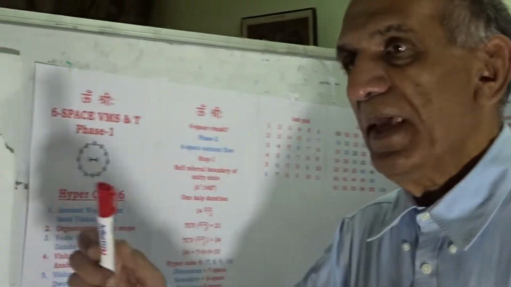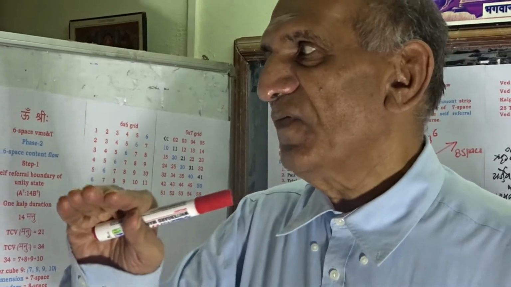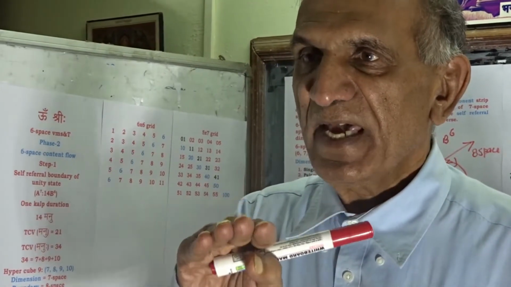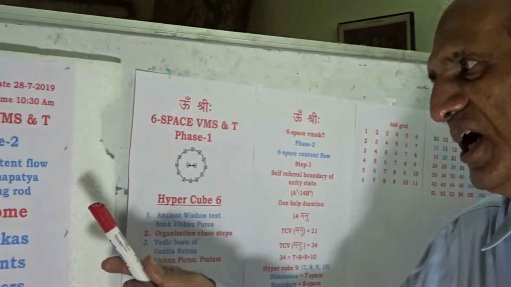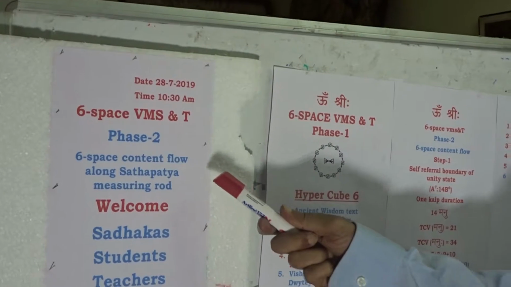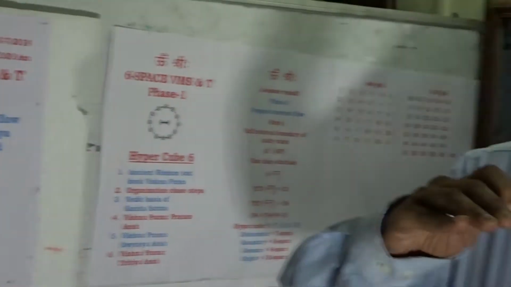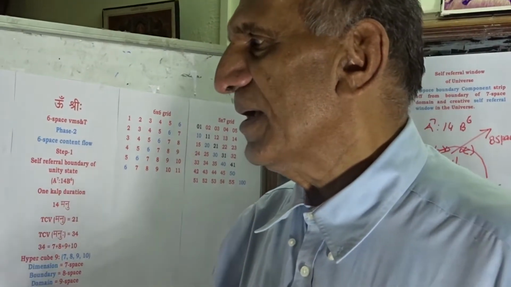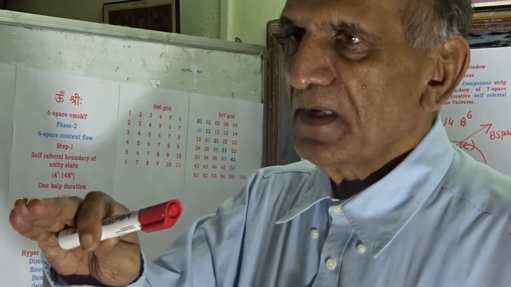Let us make a note in our 6 space VMST course notebook that today we are initiating our exposure of 6 space content flow. The previous phase has been a focus upon 6 space format.